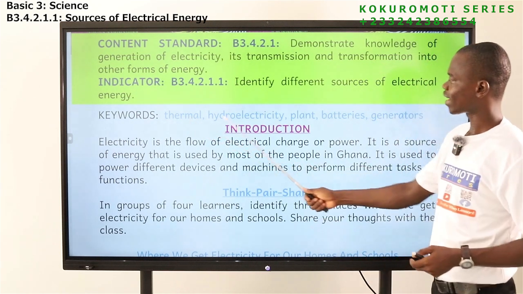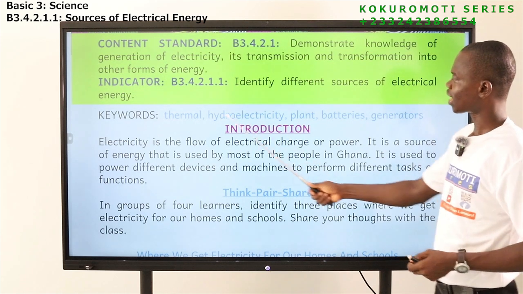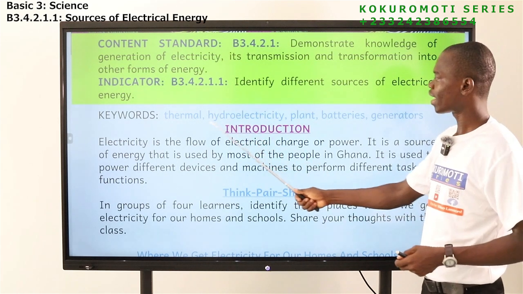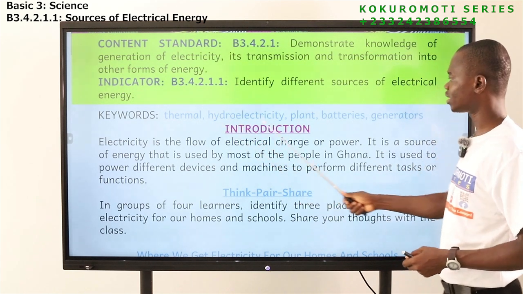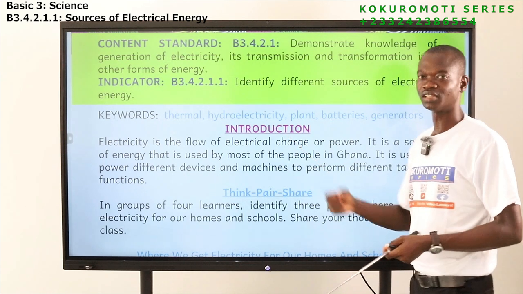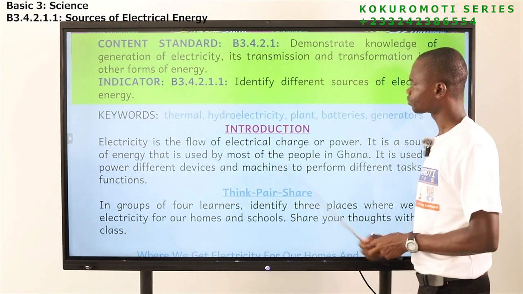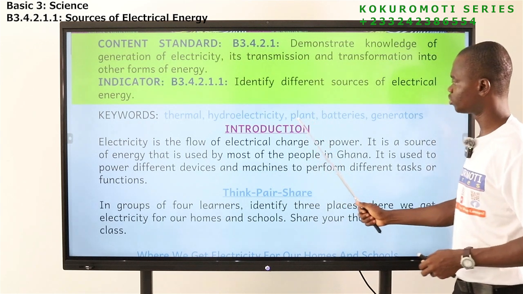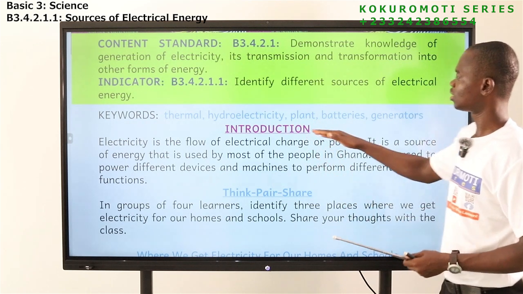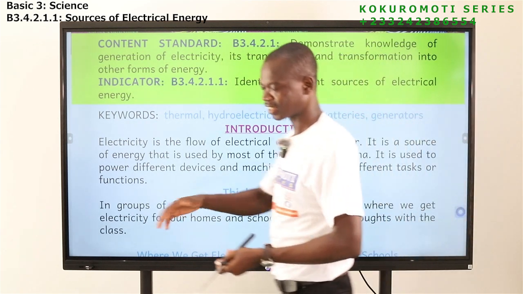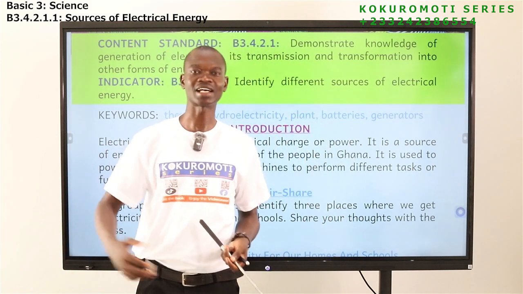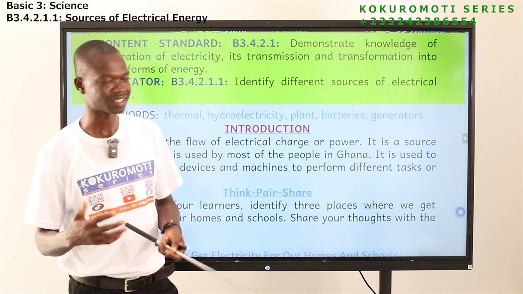We have hydroelectricity. Hydro means water. So hydroelectricity means electricity generated from water. Plants. This could be a living thing, like the plant that has leaves, roots, stem, flowers, and other things.